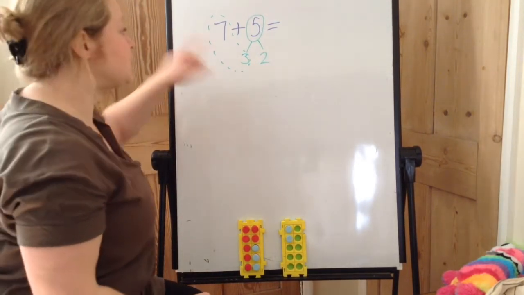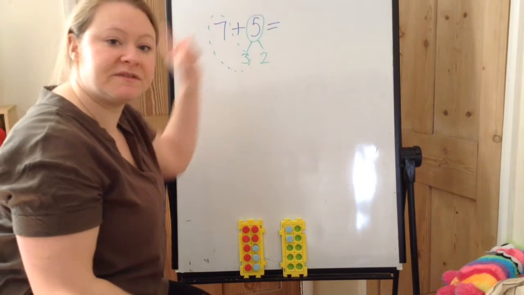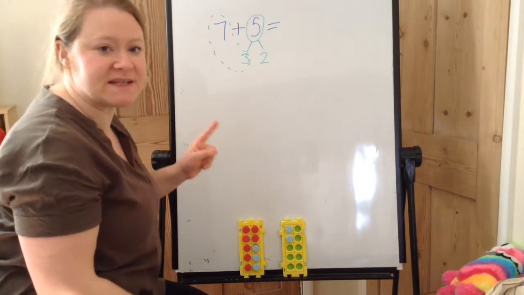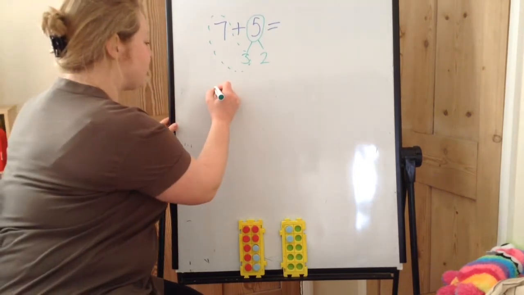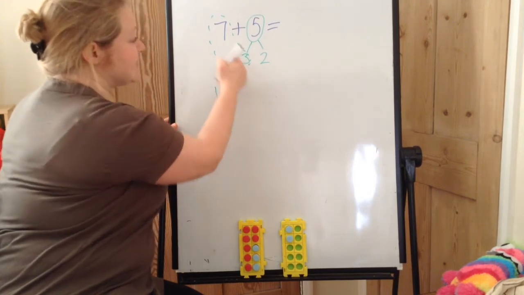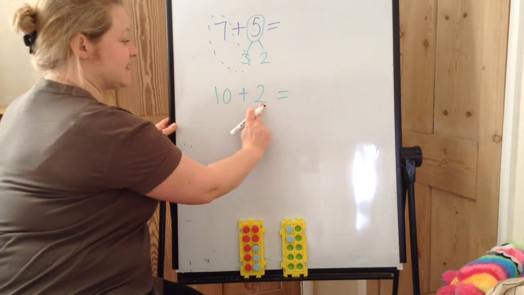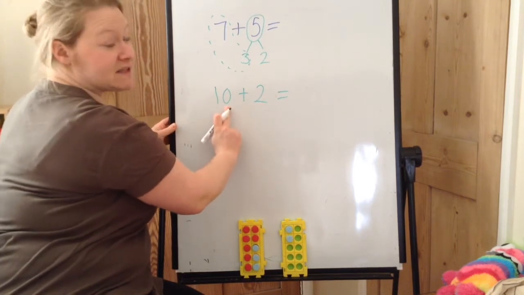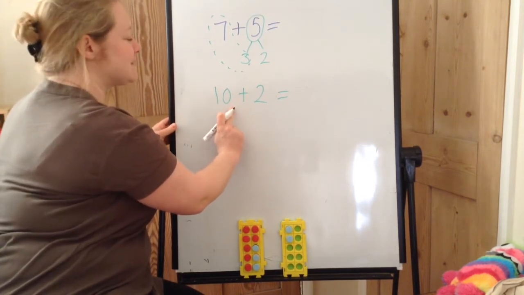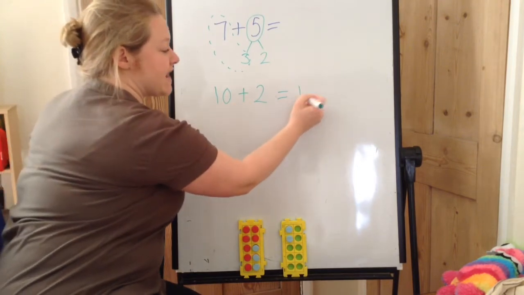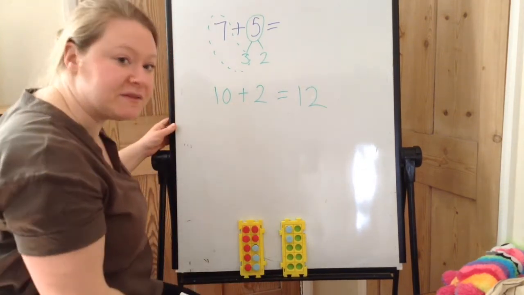The children should be really familiar with this model for 1-digit numbers going over the tens boundary. So we've rearranged our number sentence into 10 add 2, and because they're so good at understanding that that 2 just slots into the ones place there, we know that our answer to that is 12.